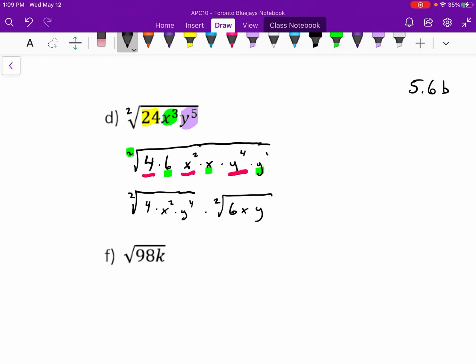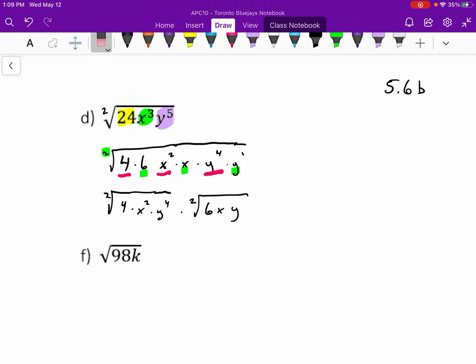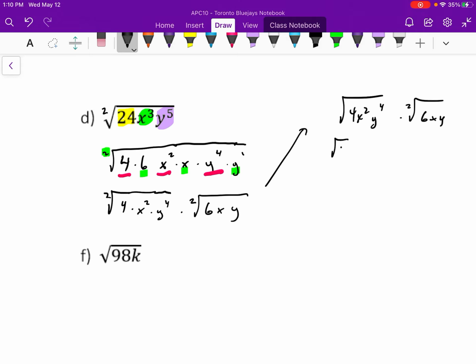Now I'm going to evaluate the square root of 4. If I want, I can split this up further, but that seems like a lot of unnecessary work. I'm going to do it once, but we're going to try to push further. So I could rewrite this as the square root of 4 times the square root of x squared times the square root of y to the power of 4, times the square root of 6xy.